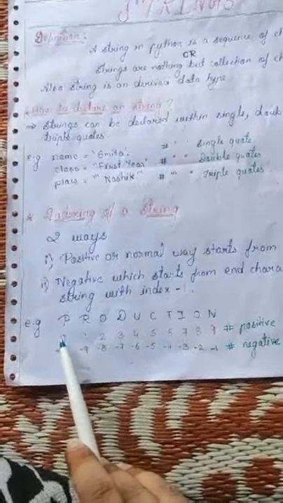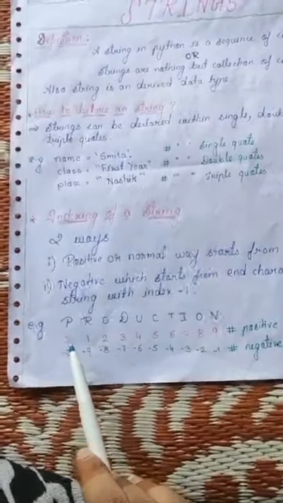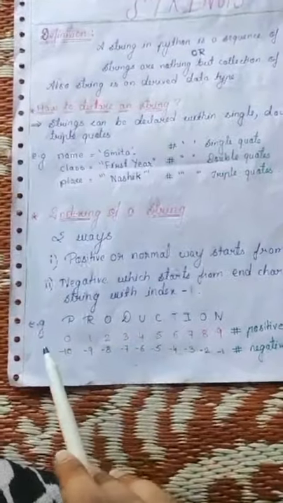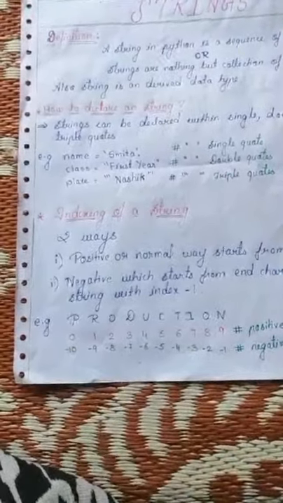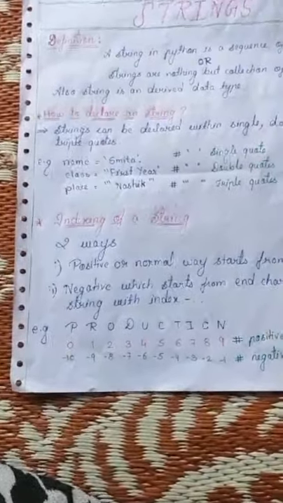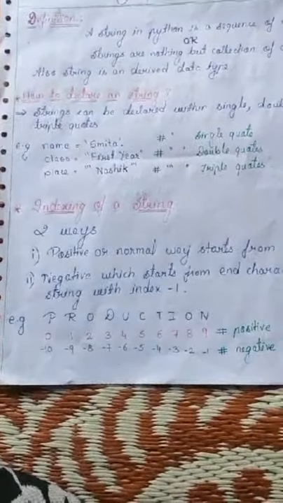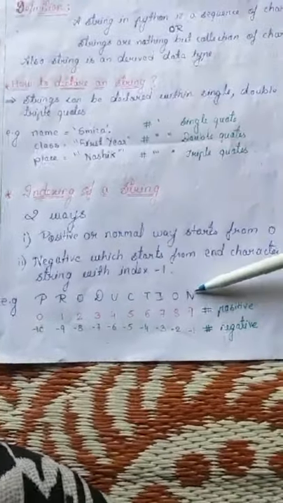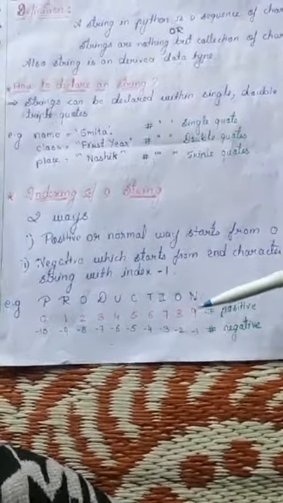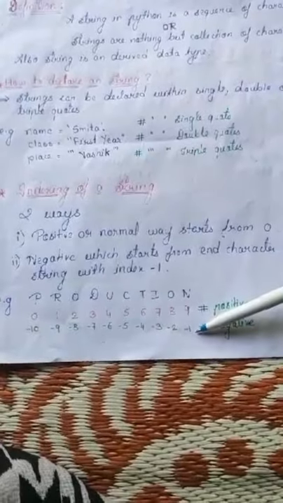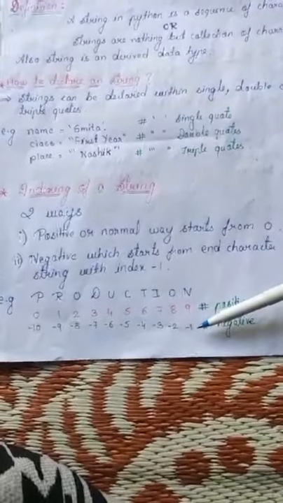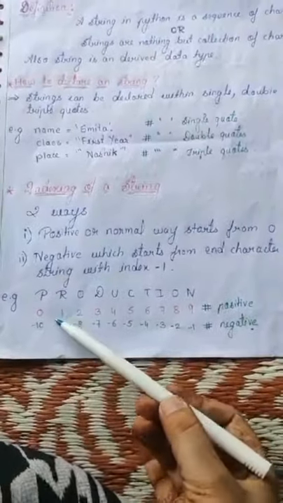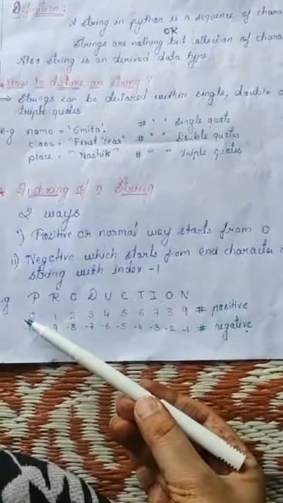The normal indexing starts with 0 and goes on increasing one by one, that means 0, 1, 2, 3 and so on. The second type of indexing, which is known as negative indexing, starts with the last character of the string with the number -1. Remember that positive indexing starts with the first character and with 0.